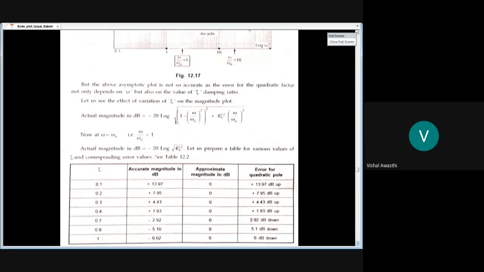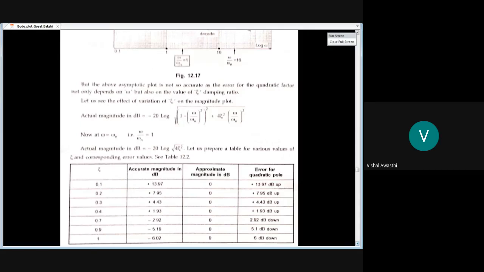And when you put different values of zeta, you will have the accurate magnitude in dB. When your zeta is equal to 0.1, you will have plus 13.97. Similarly, when you have zeta 0.7, it will be minus 2.92.